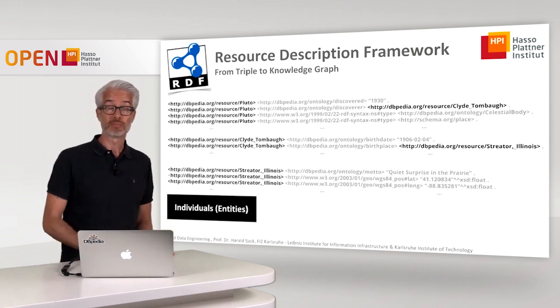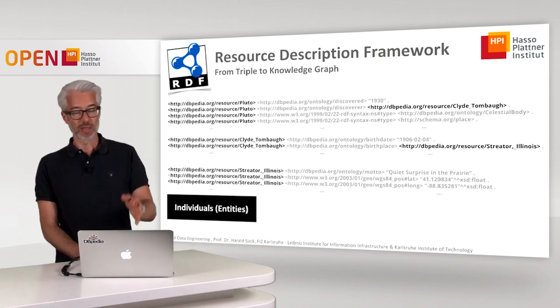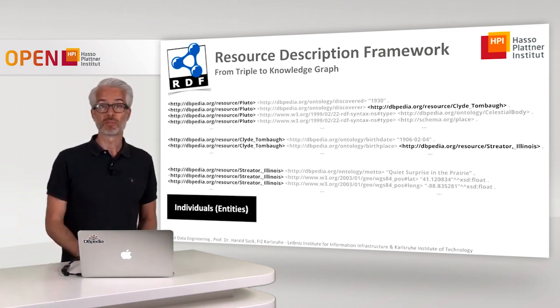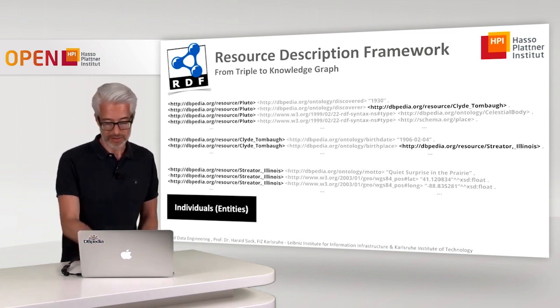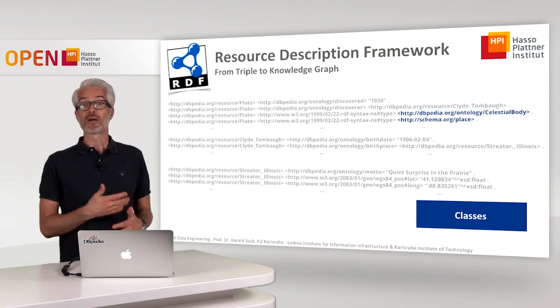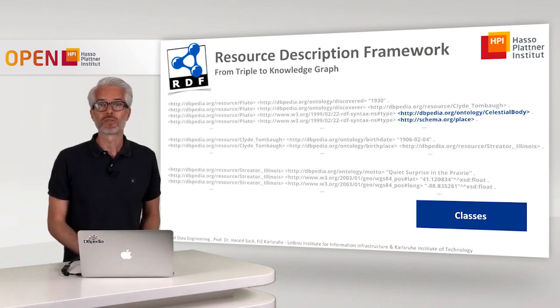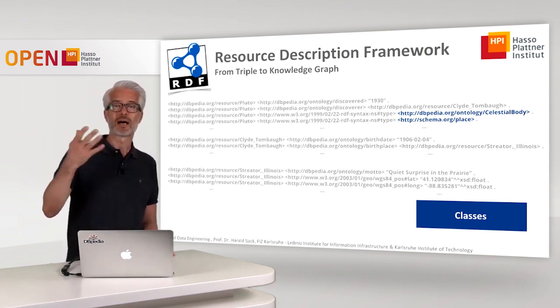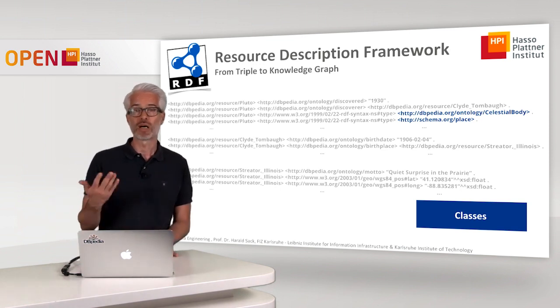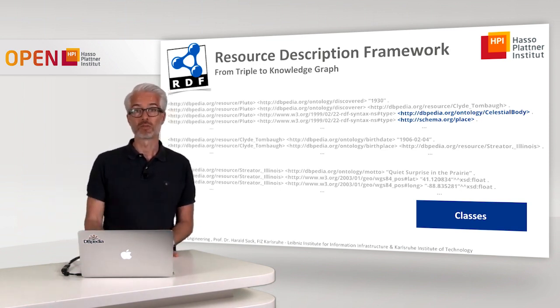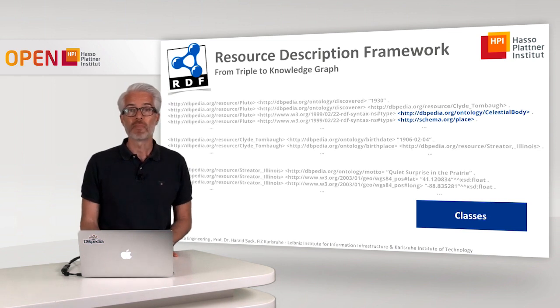The entities here can be, of course, either part of the subject, or they can be part of the object. Then I can also have classes here. So for example, I can say that Pluto is a celestial body, and then of course I need in the object some class representation, and also the URI of a class, which is here celestial body, or it's also a place.